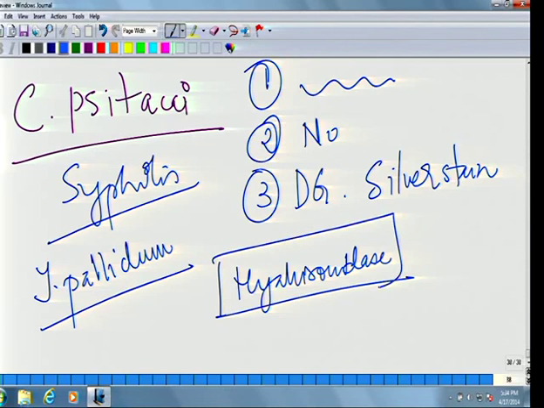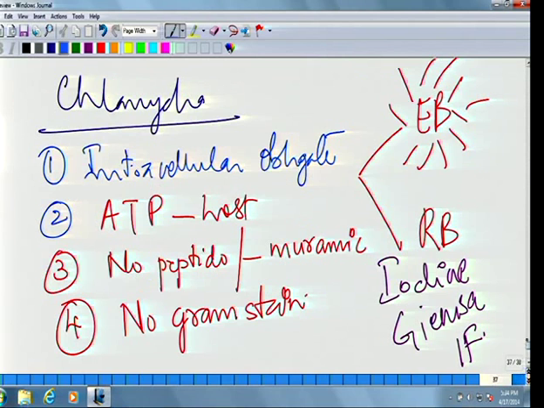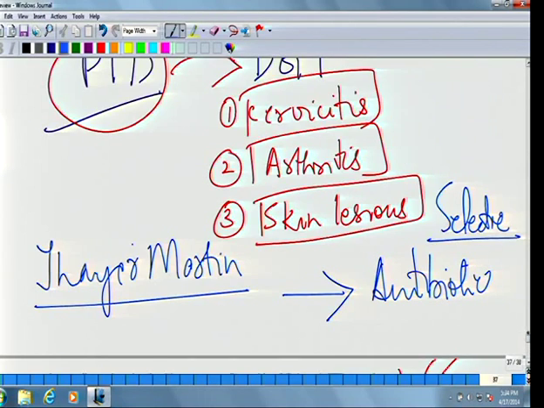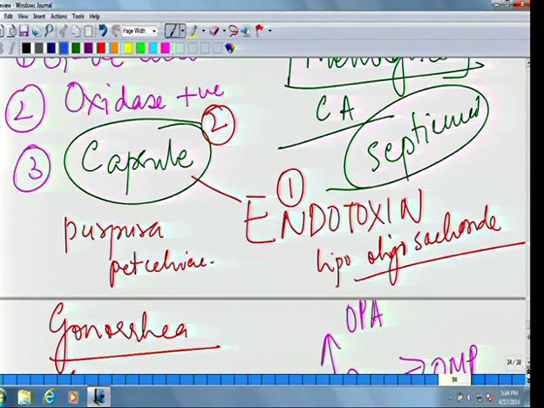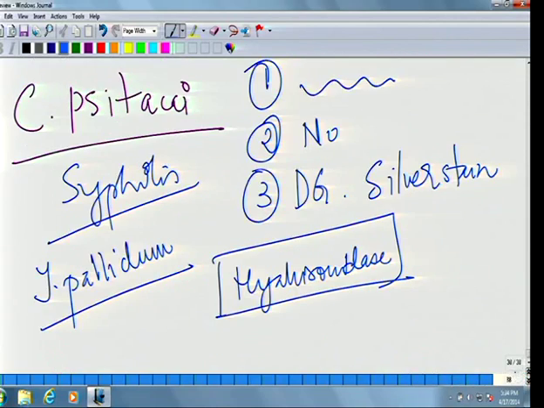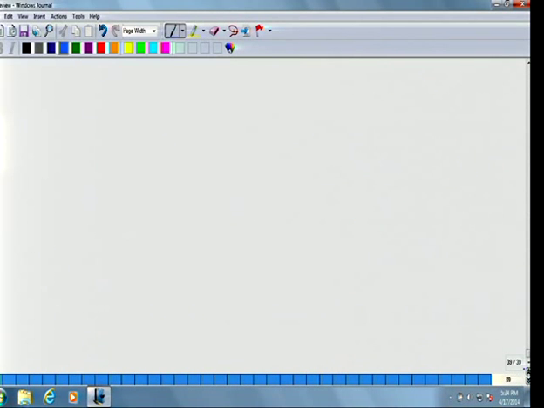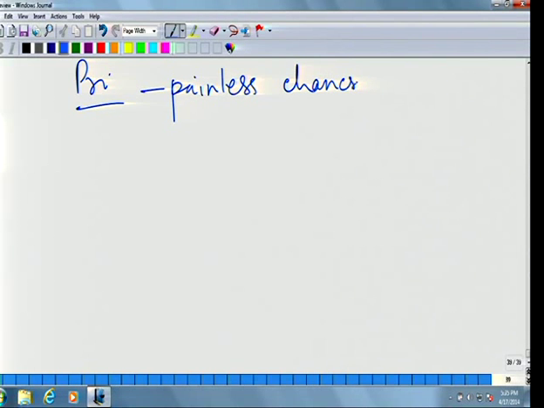Okay, primary syphilis, how will you recognize it? What's a typical feature? Painless chancre. So primary syphilis, painless chancre, a hard chancre.